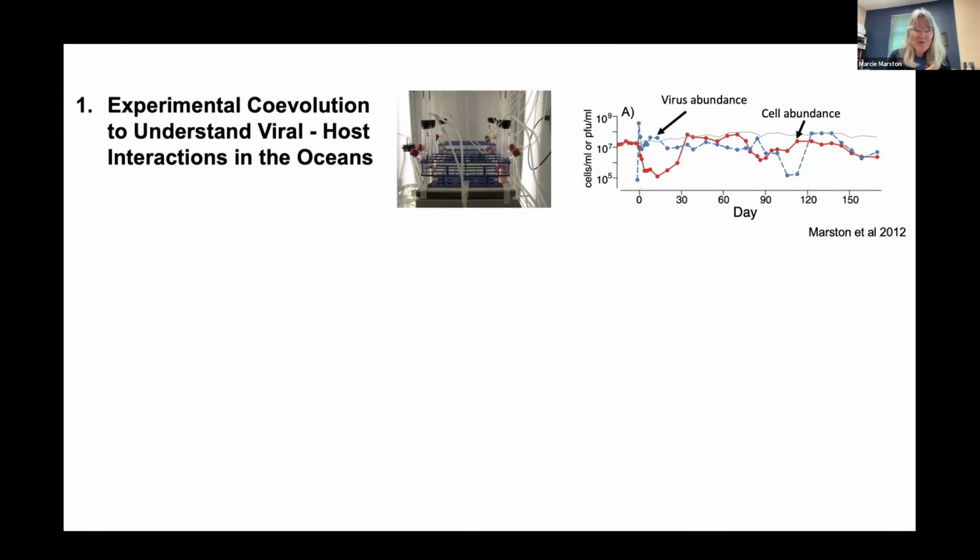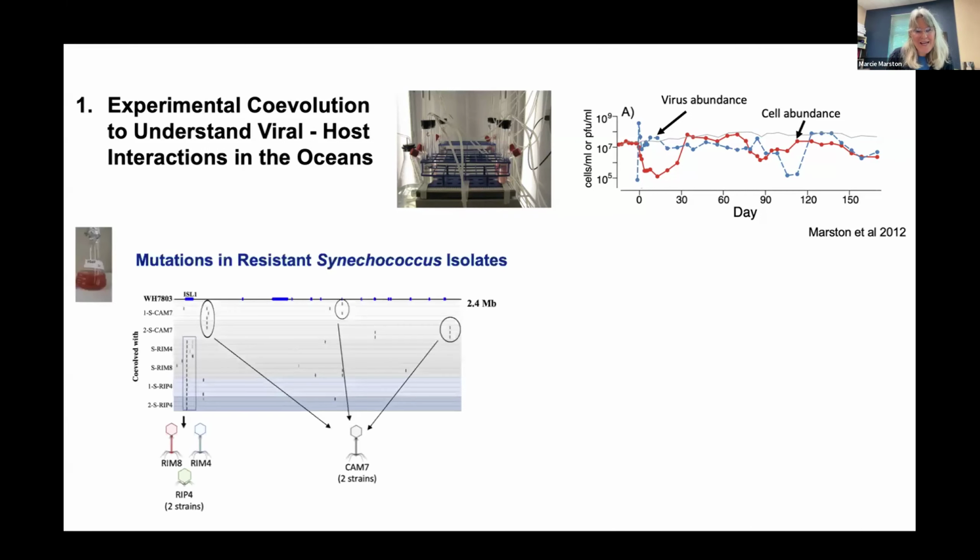So I'm just going to show two diagrams that are complicated, but the take-home message is that here is the genome of the 7803 cell type. These are genomic islands. Underneath each line is a resistant Synechococcus isolate, resistant to one of the phage it was coevolved with. And each of the black lines is a single nucleotide change.